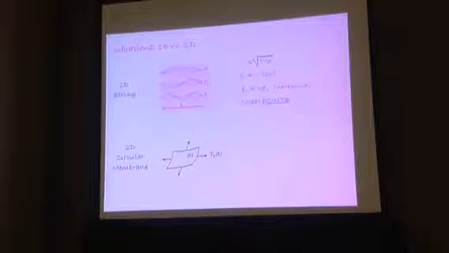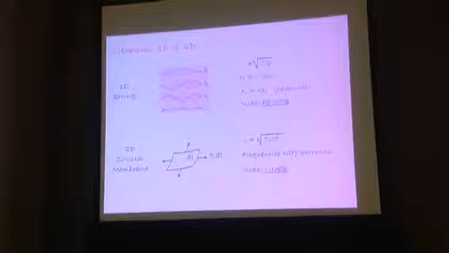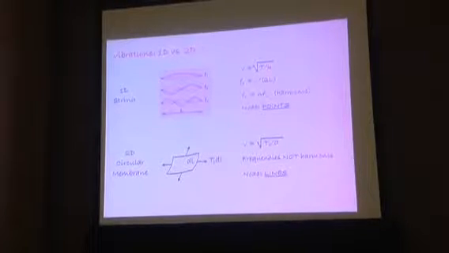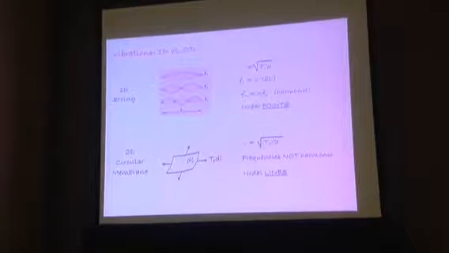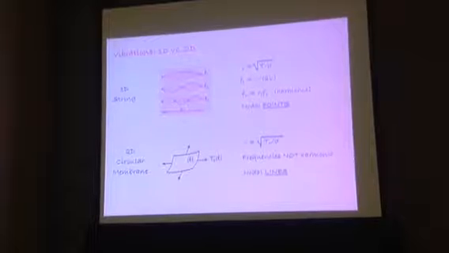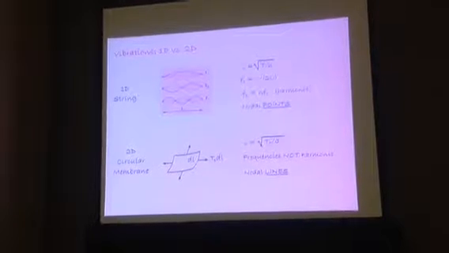And knowing that, it turns out that the speed of propagation on the drum head is the square root of T sub S over sigma. It's the same basic expression as this one, except that here you have a surface tension, and sigma is the surface mass density, kilograms per meter squared.